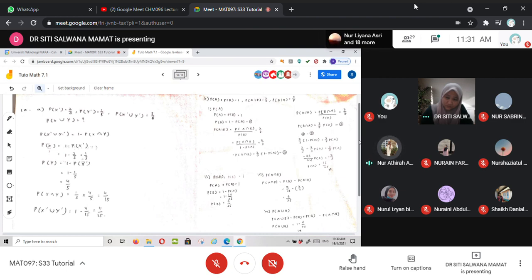I label that equation 3. Then I equate equation 2 with equation 3, so I get 2/3 times 1 minus P(A) equals 3/8 P(A). And then I rearrange the equation and expand the 2/3, so I get 2/3 minus 2/3 P(A) equals 3/8 P(A). And then I rearrange the equation, so P(A) I get is 16/25.